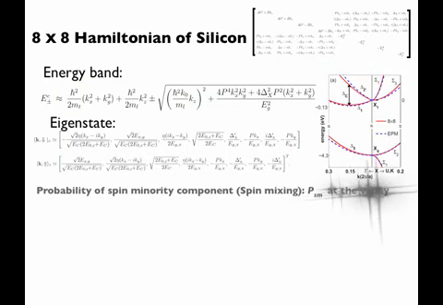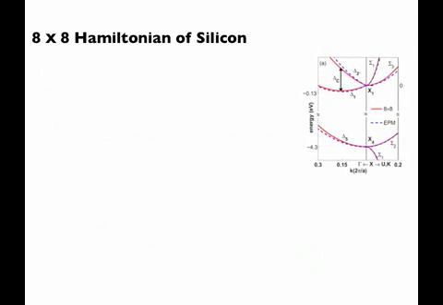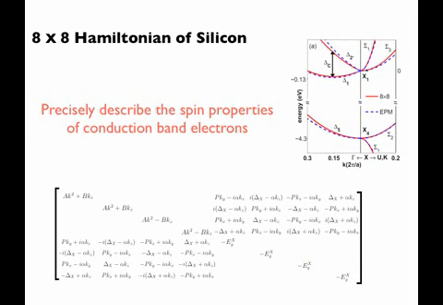Similarly, we give the expressions of spin mixing at the bottom of the conduction band, and again it matches well with the numerical result. So by checking both the energy band and eigenstates, we can say that this 8 by 8 Hamiltonian can precisely describe the spin properties of conduction band electrons.